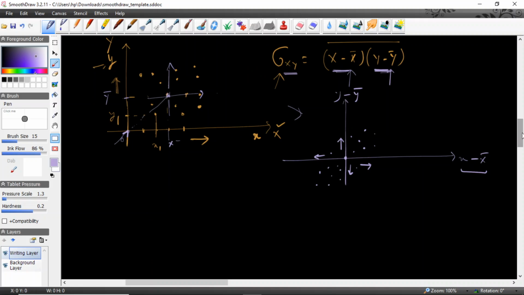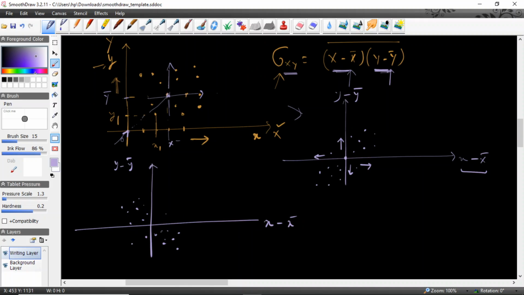And the second situation can be like this. This is x minus x bar, and this is y minus y bar. If you have a negative correlation, it means that if x tends to increase, then y tends to decrease. So you can have a scatter plot like this, something like this, with some exceptions of course.